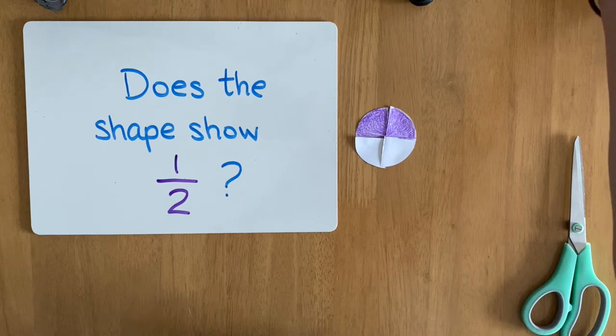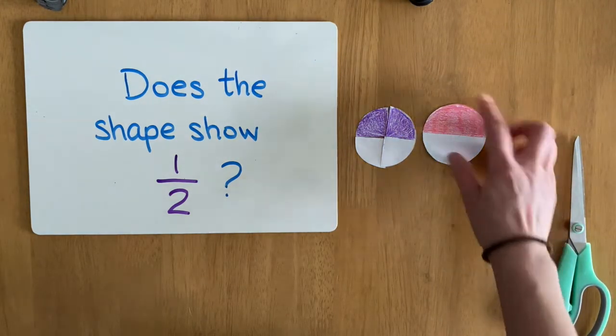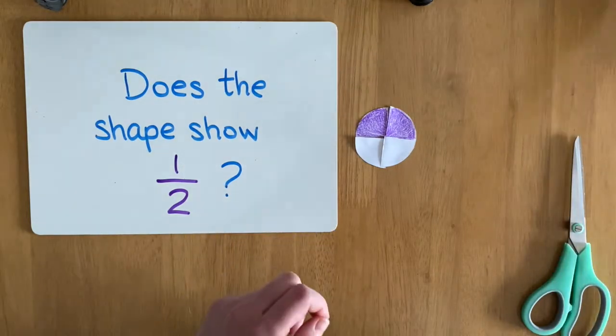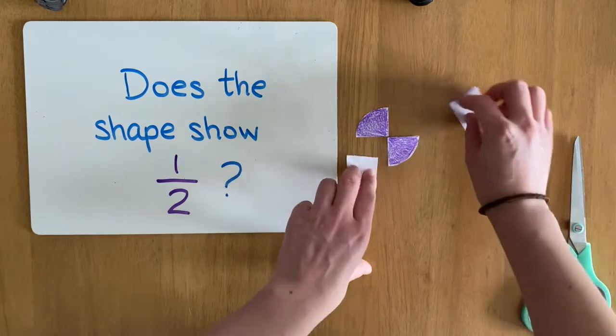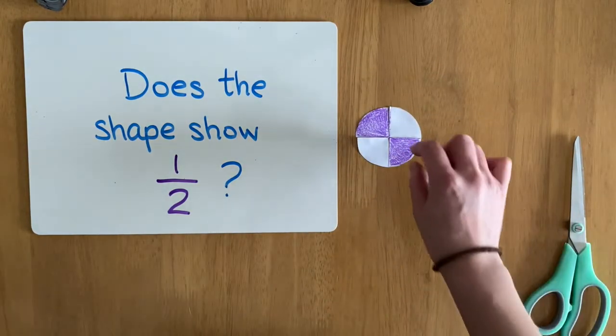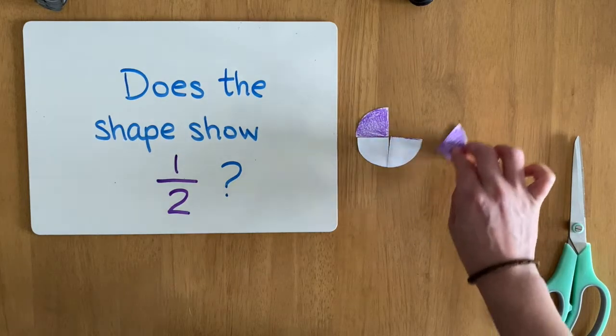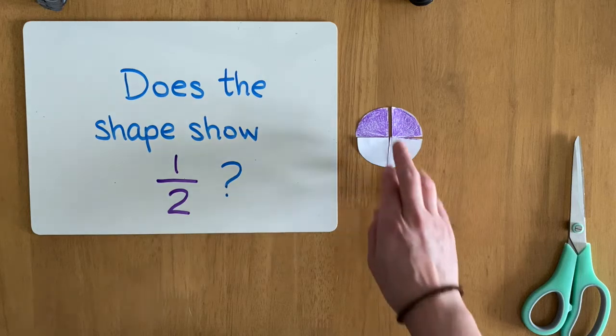And look, this circle looks very similar to this one, but it was just rearranged. So the parts don't all have to be on the same side. So this one looked like this before, but it still shows 1/2. Just need to swap around the colors. So this does show 1/2.